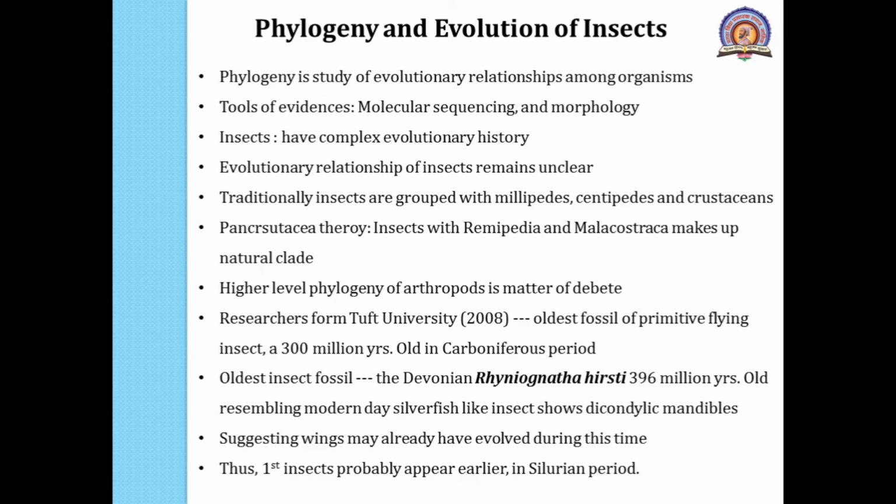This feature is associated with winged insects, suggesting that wings may already have evolved at this time. It means the pterygote insects arose much earlier than this recorded fossil, which has such characteristic features. So thus, the first insects probably appeared earlier, in the Silurian period.